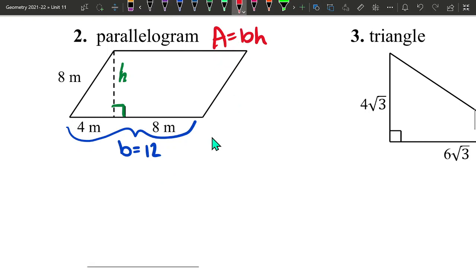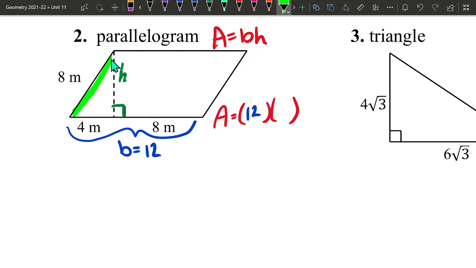All right, so if I go ahead and start working with area equals base times height, I don't know what H is, but I do know that B is 12. I can fill that part in. And then I need to look at this triangle to figure out what the height is. So I'll need to use the 4, the 8, and the H. Or use the 4 and the 8 to solve for H. All right, so I have H squared plus 4 squared equals 8 squared.